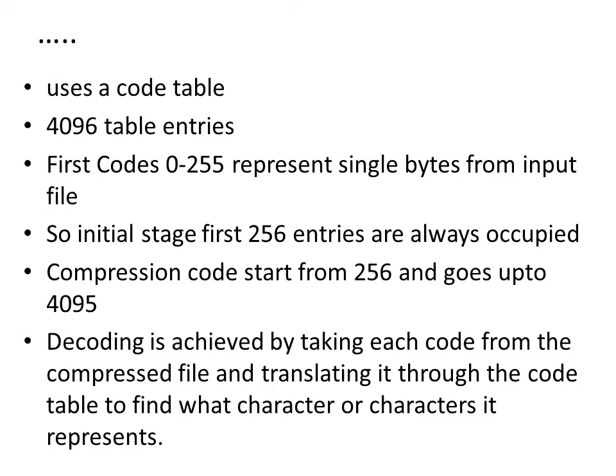In the given code table, the first 256 entries, that means from code number 0 to code number 255, will always contain a code for single bytes of data. The actual compression code starts from the 256th entry, and that goes up to 4095.